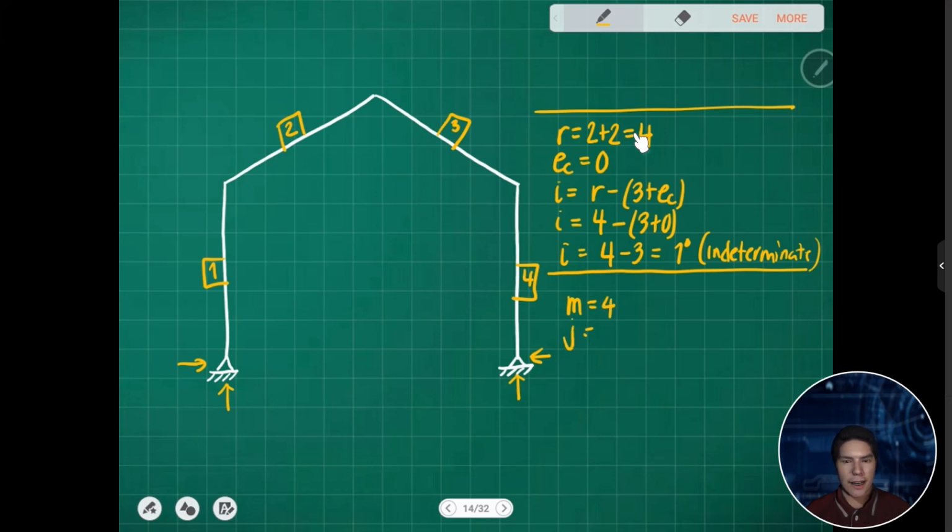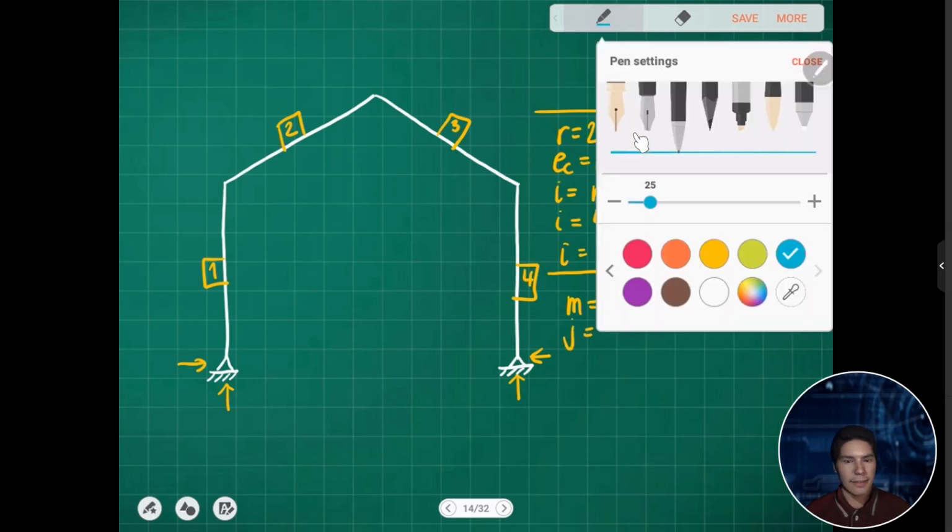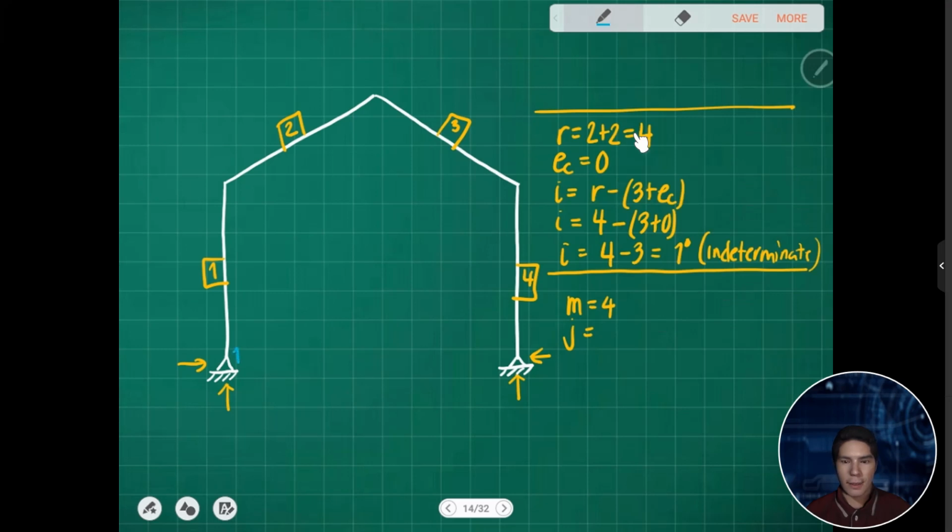For the number of joints, I have 1, including the support. We have 2, 3, 4, and 5 joints. And the number of reactions, again, we have 4, and EC we have 0.